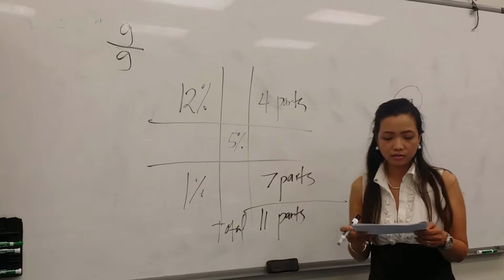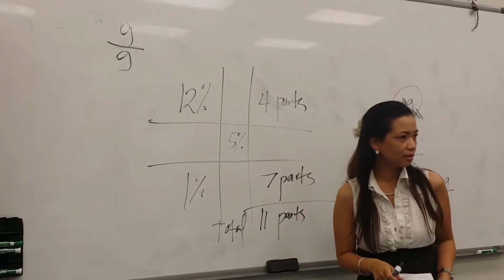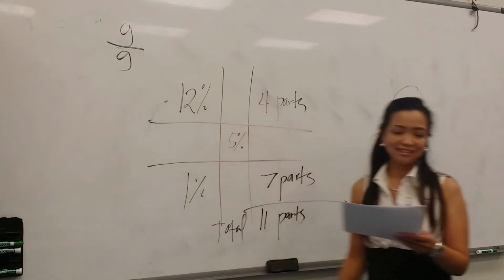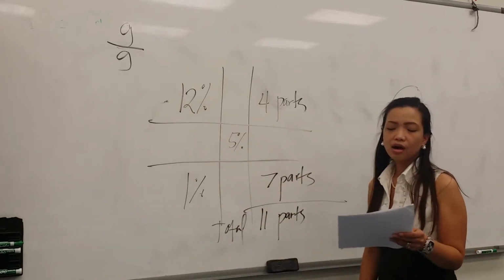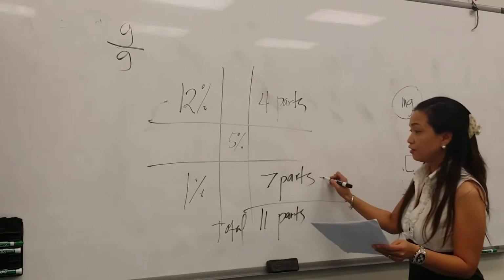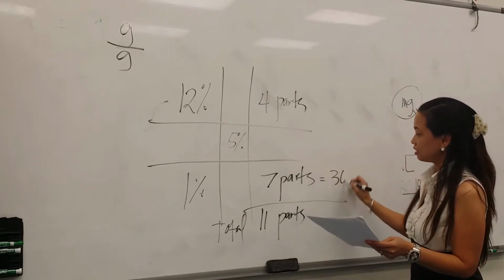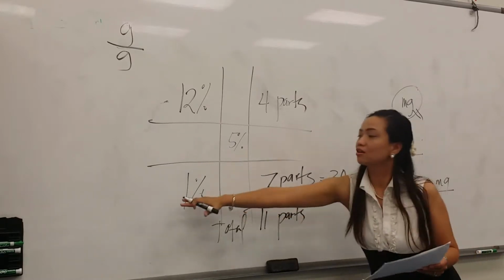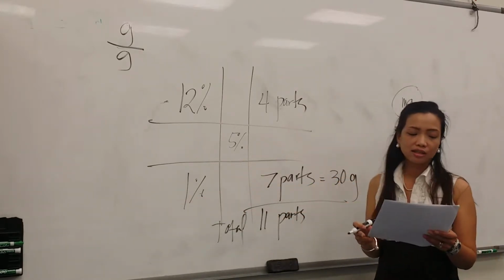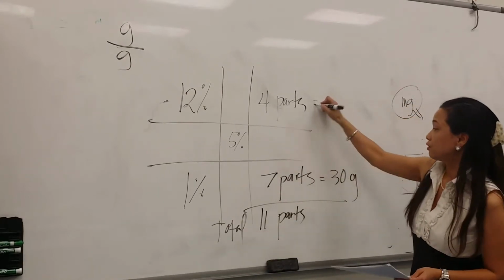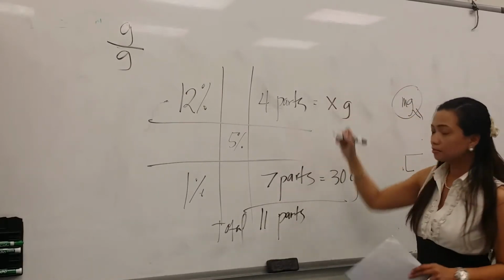I'm going back to the problem because I didn't understand it the first time I read it. How many grams of 12% yellow mercuric oxide must be added to 30 grams of 1% mercuric oxide to prepare a 5% ointment? So this will be my X in grams.